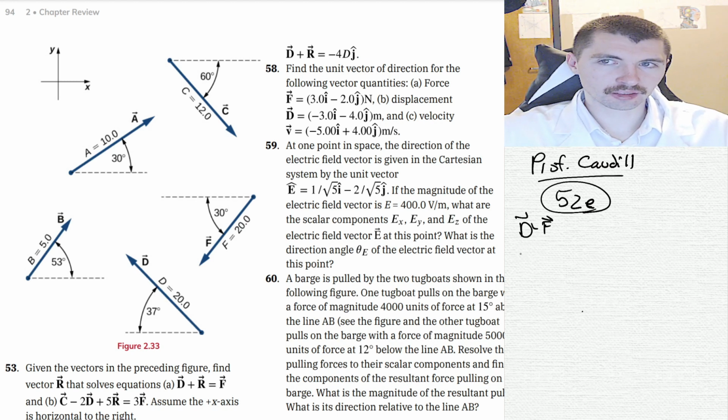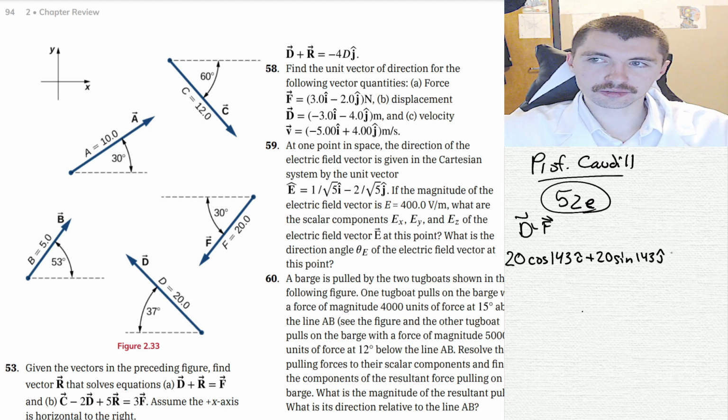So we will have 20 cosine 180 minus 37, which is 143 degrees, 20 sine 43.